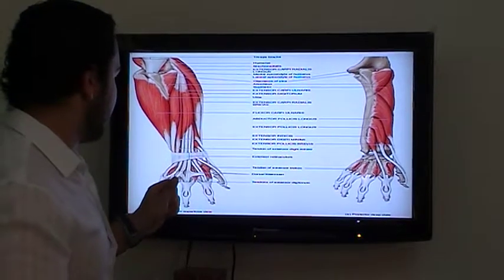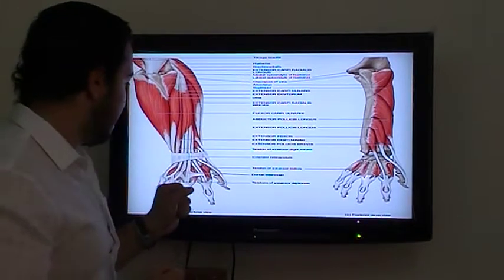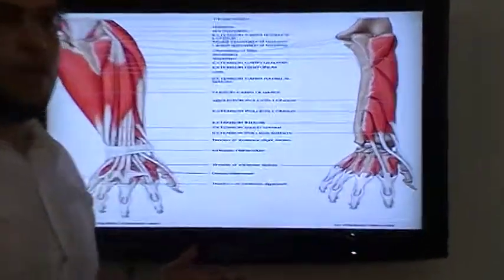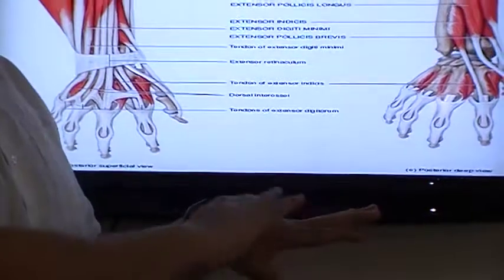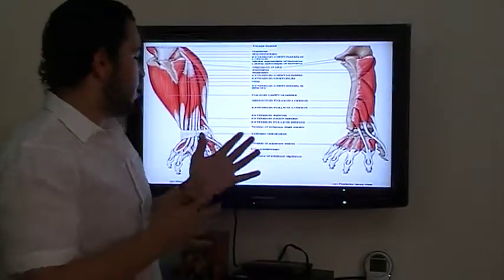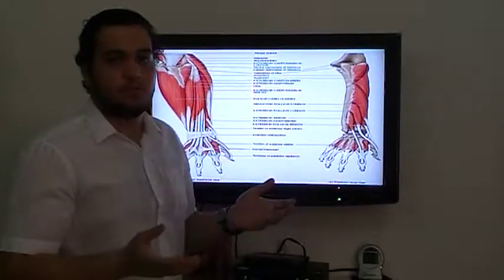We have also the tendons of extensor indicis. Yeah, we have something called interossei. We have interossei in the palm, and we have interossei in the dorsal aspect. The interossei in the palm are deep muscles, and in the dorsal aspect, they are also deep muscles.